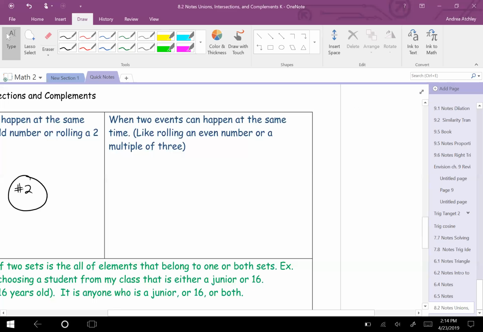Okay, if events can happen at the same time, then it's called not mutually exclusive. So can I roll an even number or a multiple of 3? Yes, I can. I can use the same thing at the same time. Okay, so it'd be like having my circle here, even number, and then my circle here, a multiple of 3.